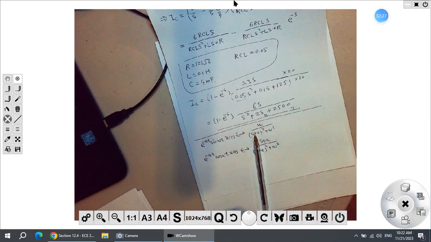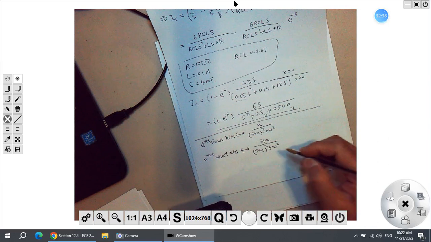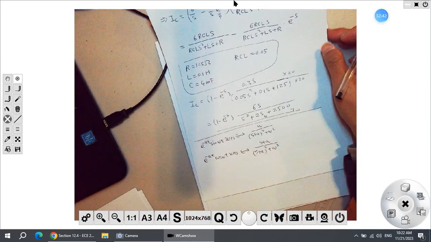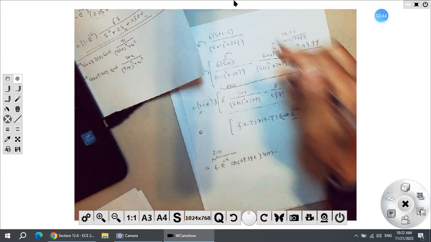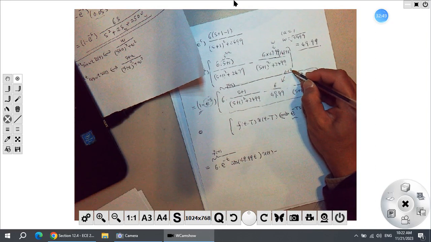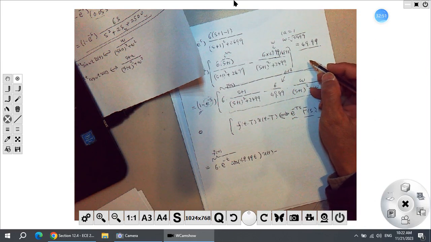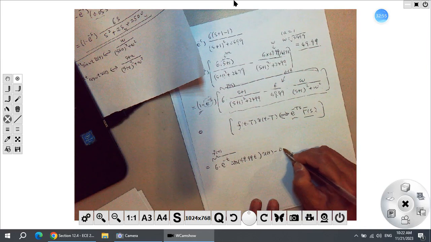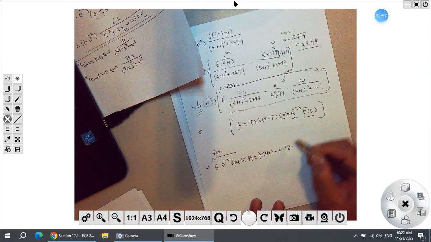I'm sorry, I typed something wrong. 6 divided by 49.99 is 0.12. Not this, this one. Just 0.12. It's 0.12 times this part.